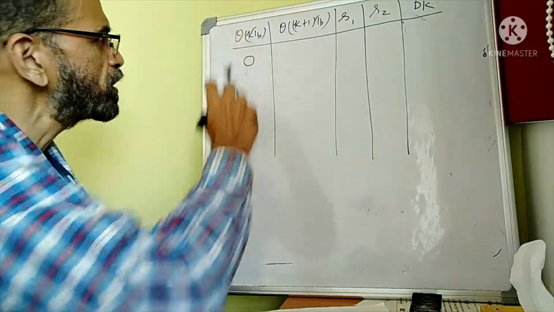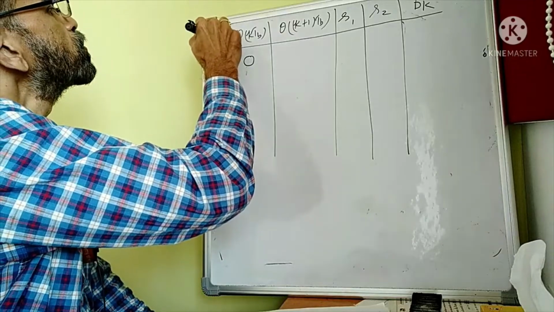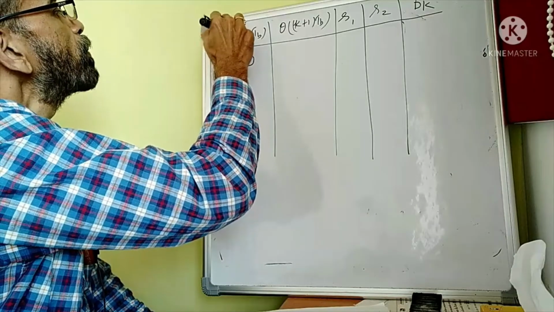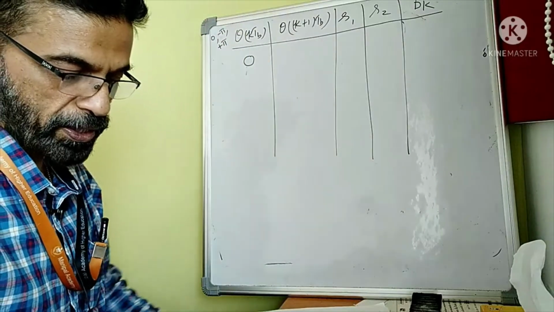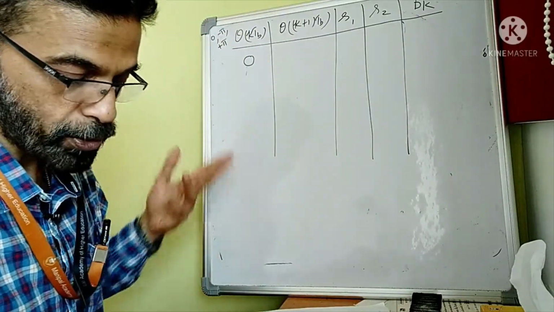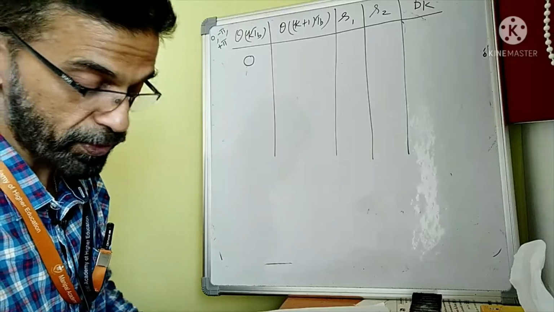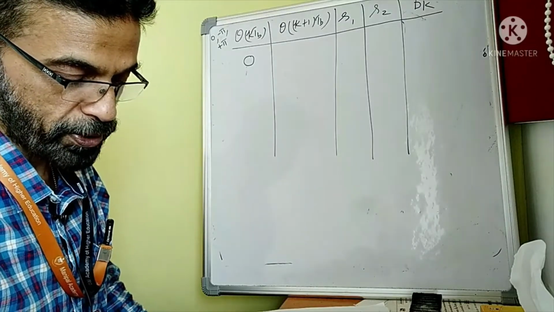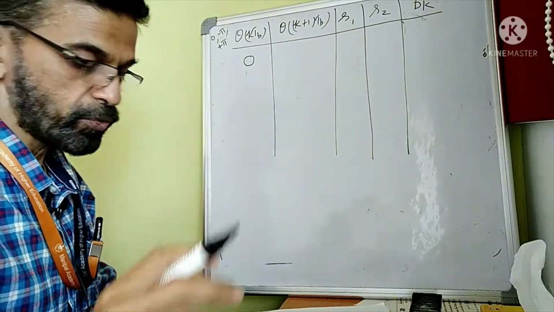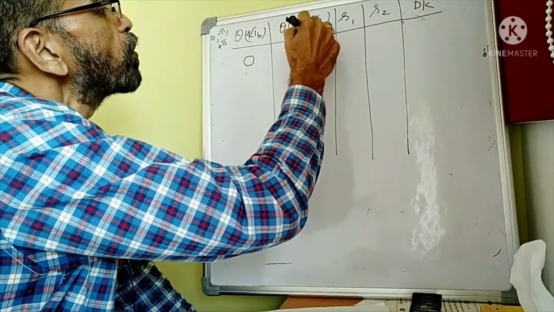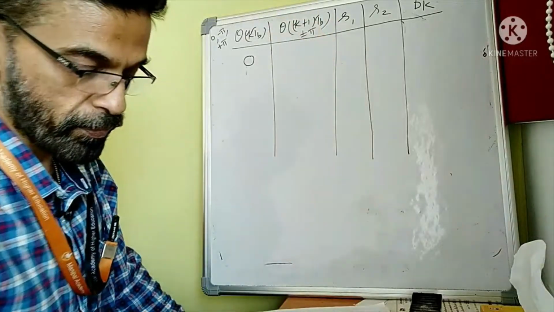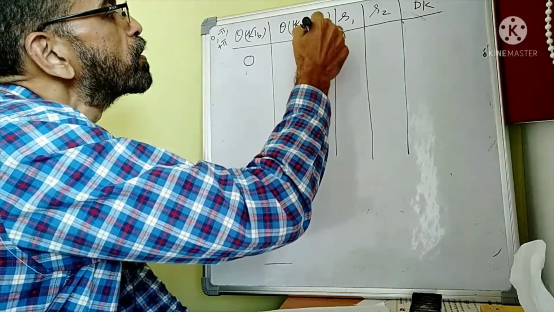So remember, theta ktb can be 0, minus pi, plus pi, and this is modulo 2 pi. Remember, theta k plus 1 tb can take on values plus or minus pi by 2 with k as even. So k even means k plus 1 will be odd. So plus or minus pi by 2 rather.